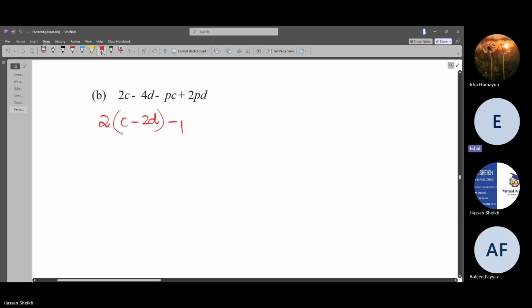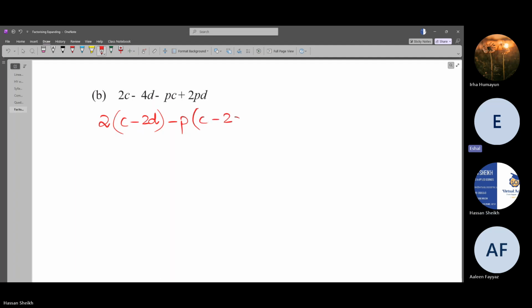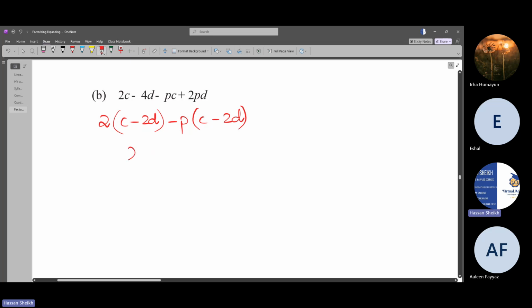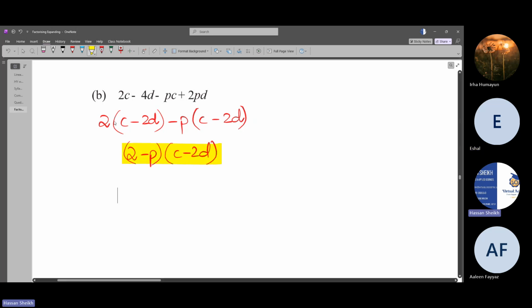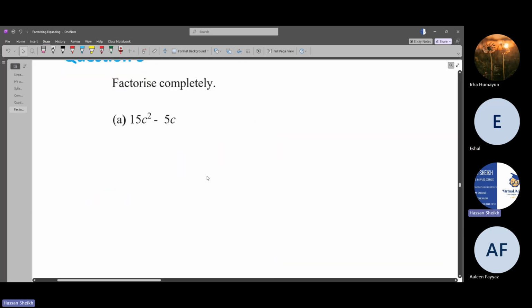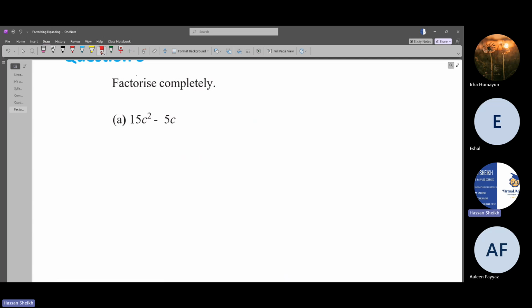Yes, minus p, and then bracket open c minus 2d. And now you're going to do 2 minus p and bracket open c minus 2d. Exactly.